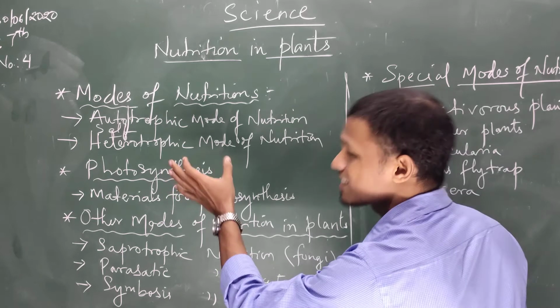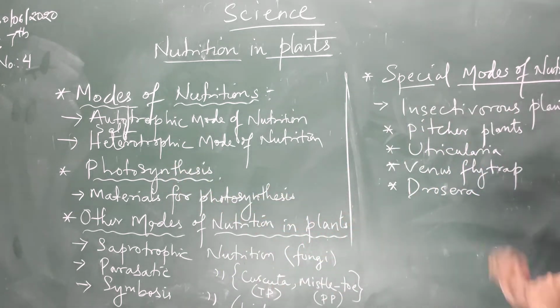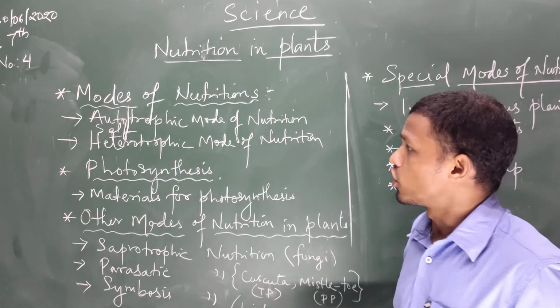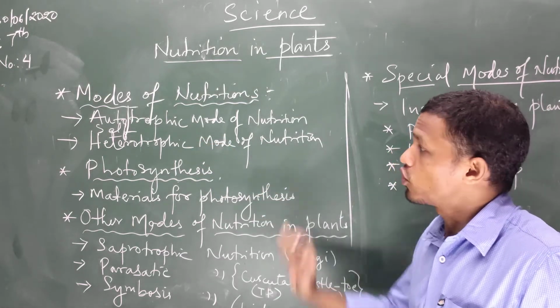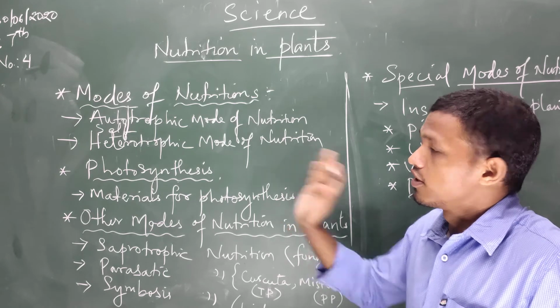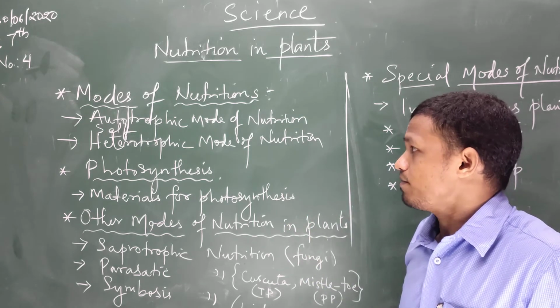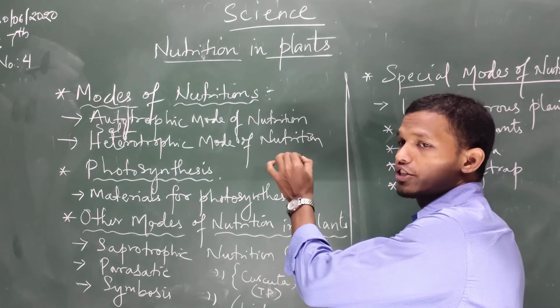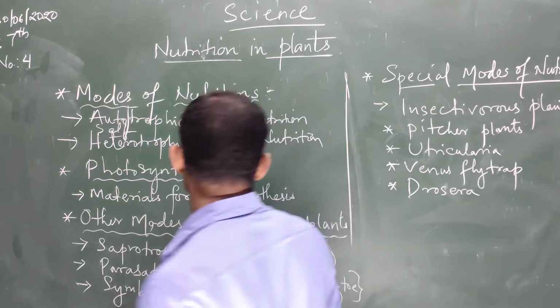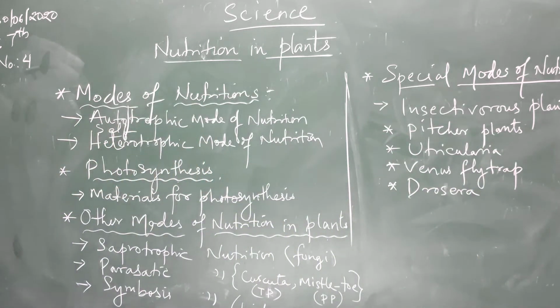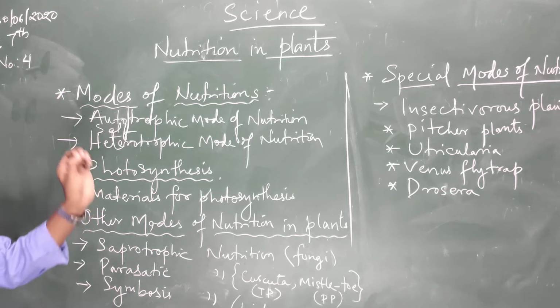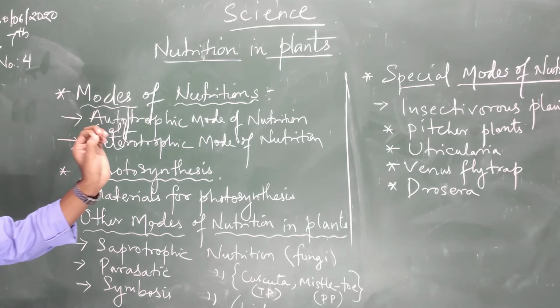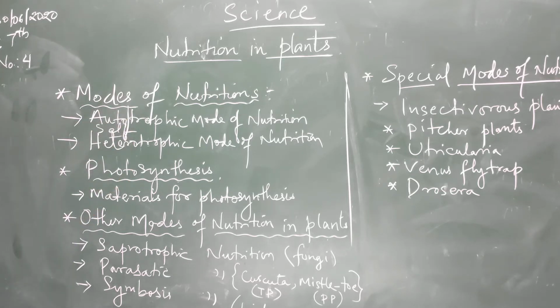In special cases, there are certain plants we will discuss later in this chapter. But according to the definition, auto means self, trophic means nourishment. Plants which carry out this mode of nutrition are also called autotrophs.